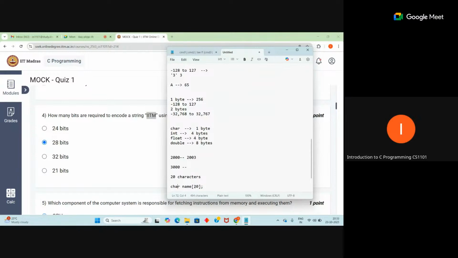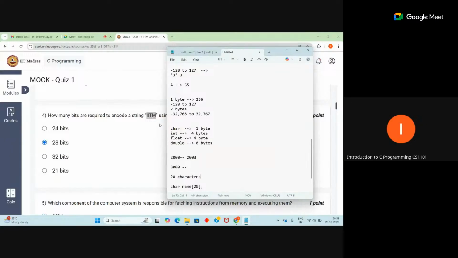That means it will allocate 20 bytes of memory to store your name. So based on how we are representing our data, using which data type, based on that, it will say how many bytes it will take.